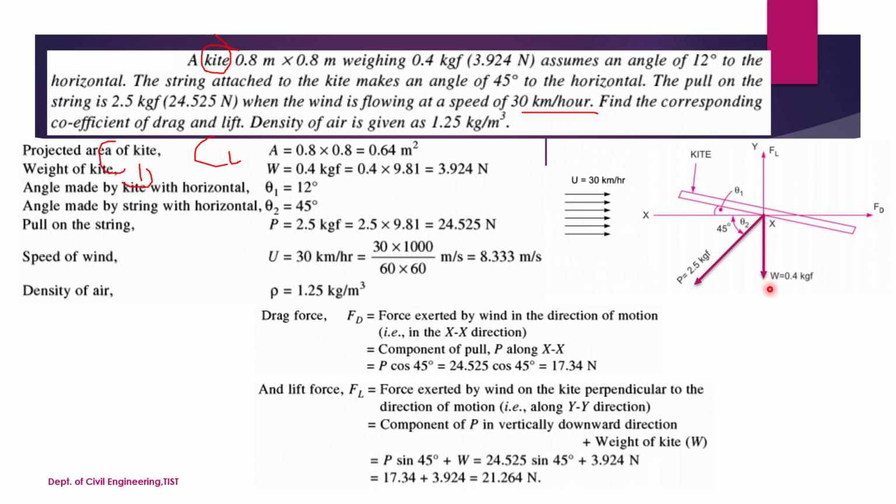P sine 45 and W both will be in the downward direction, so we can add those two. So P sine 45 plus W will give you your lift force, that is FL. So FL is obtained as 21.264 Newton.